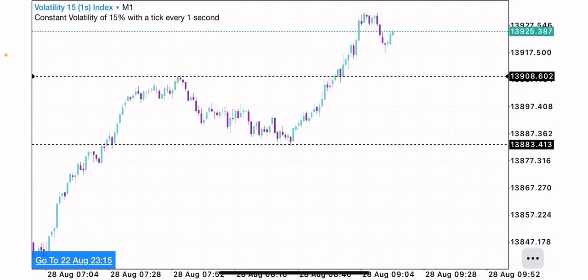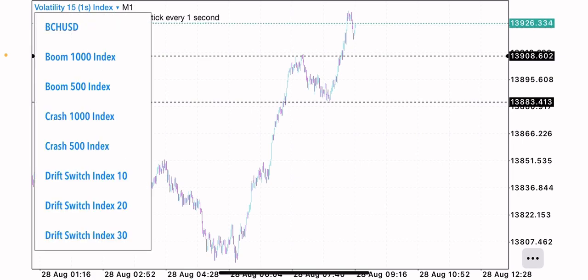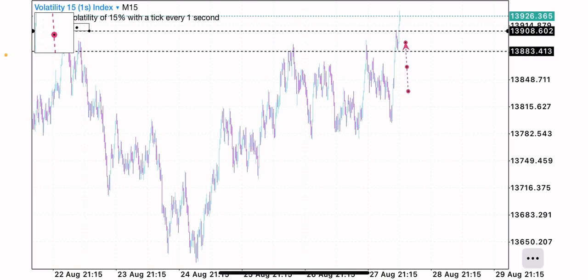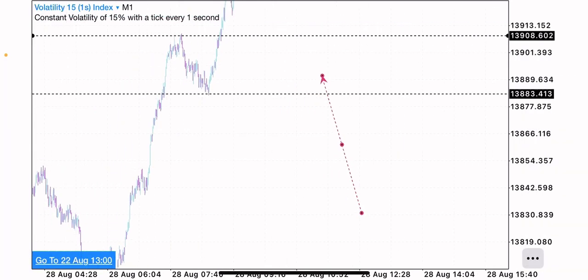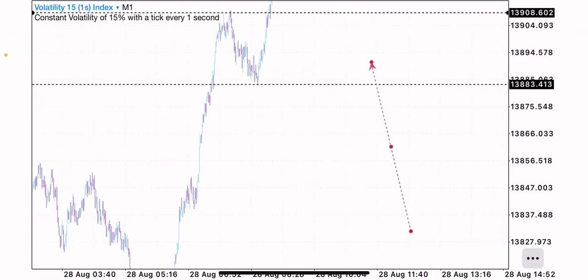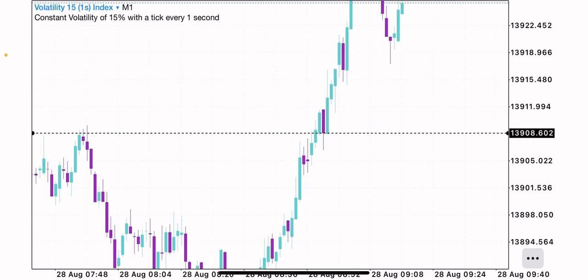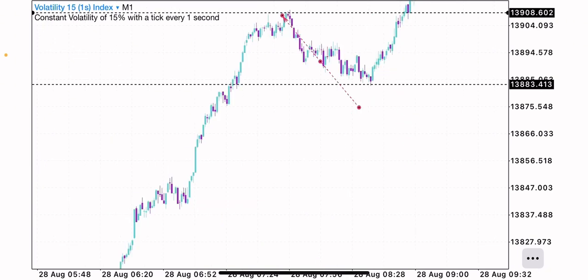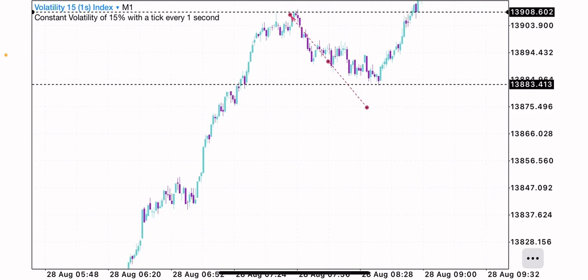So yeah, I just waited, and the moment price got into a zone, boom.